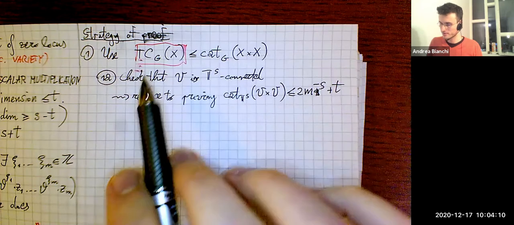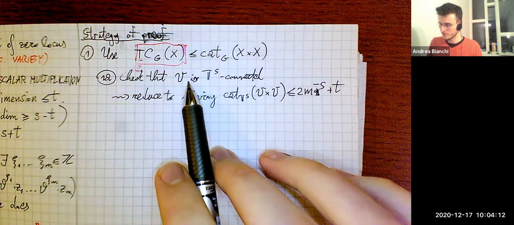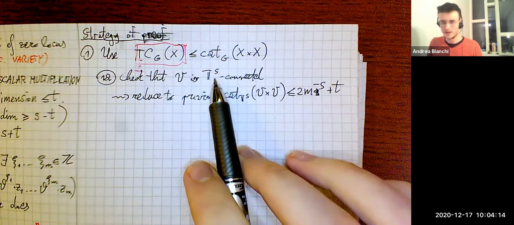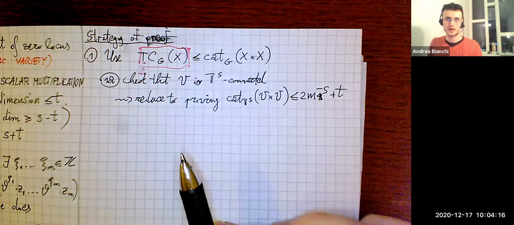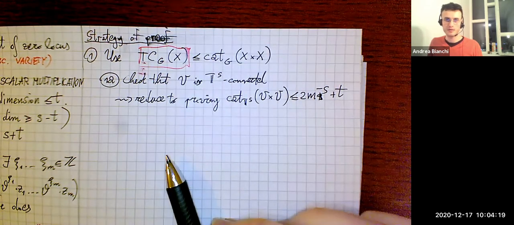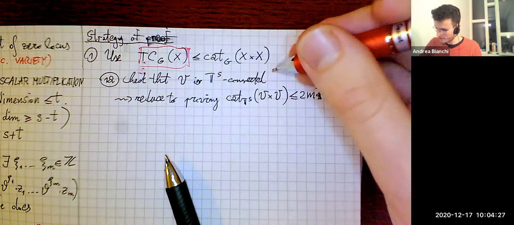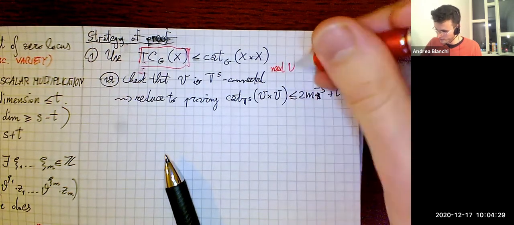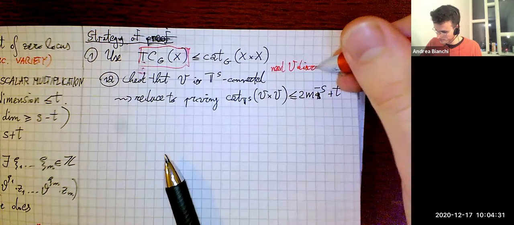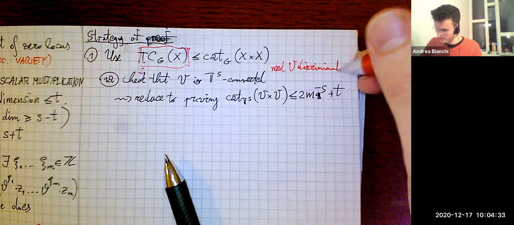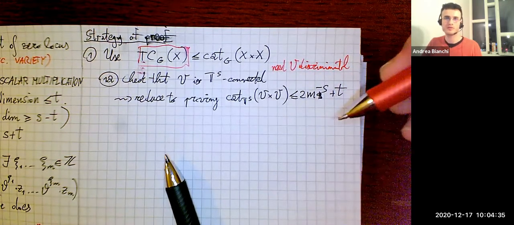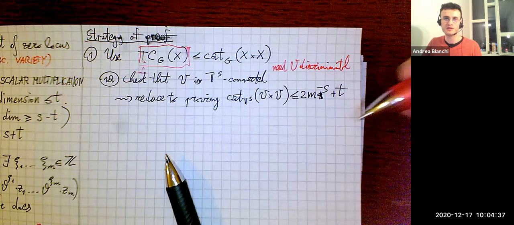Now this condition that V is TS connected is the smallest part of the entire strategy of the proof, and it's also the one that requires all the hypotheses. Namely, here we really need that V is discriminantal, and it's not just any complex variety or not even any affine variety.